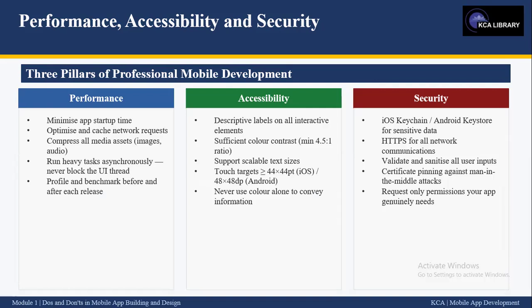Accessibility ensures inclusivity by using clear labels, maintaining sufficient color contrast, supporting scalable text, and designing appropriate touch targets. Security focuses on protecting user data through secure storage mechanisms, encrypted communication, proper input validation, and controlled permission usage.